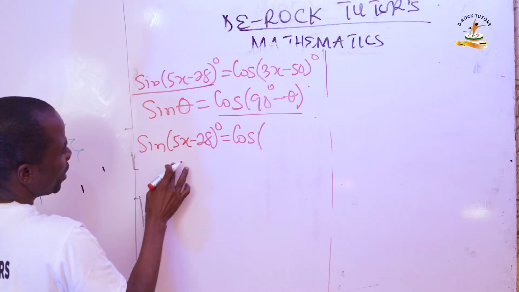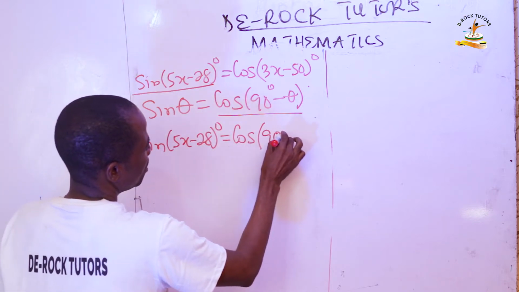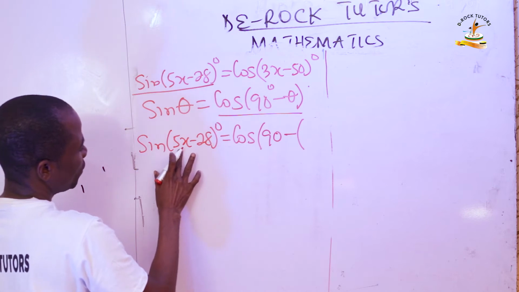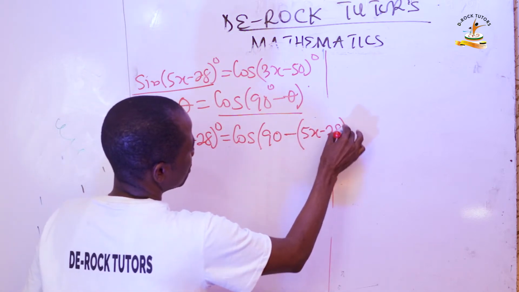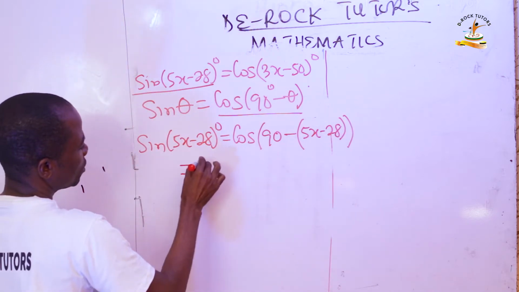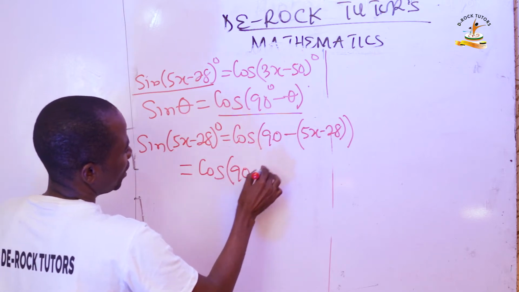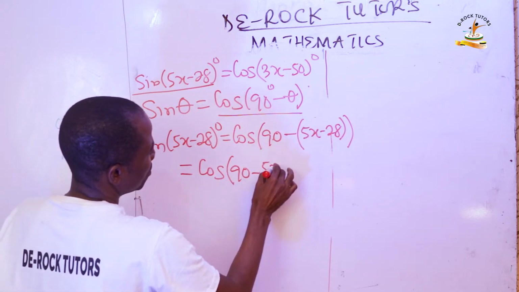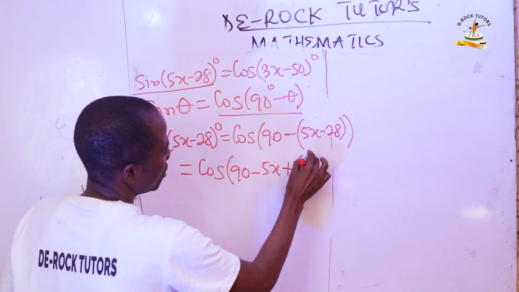Remember, everything in the bracket here is the theta. So that's going to be 90 minus, then (5x minus 28). So this will give us cos of (90 minus 5x), then minus and minus, that's plus 28.